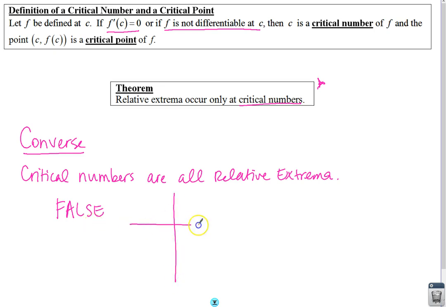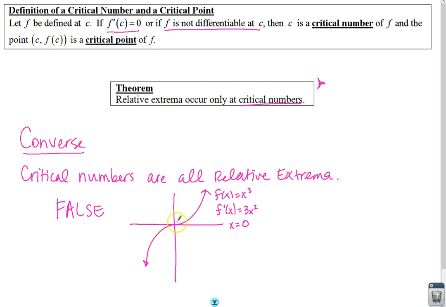One function that's a great counterexample is f of x equals x cubed. If I take the derivative, f prime of x is equal to 3x squared. So I'd have a critical number at x equals 0, because at 0, f prime is equal to 0, and I have a horizontal tangent right here.